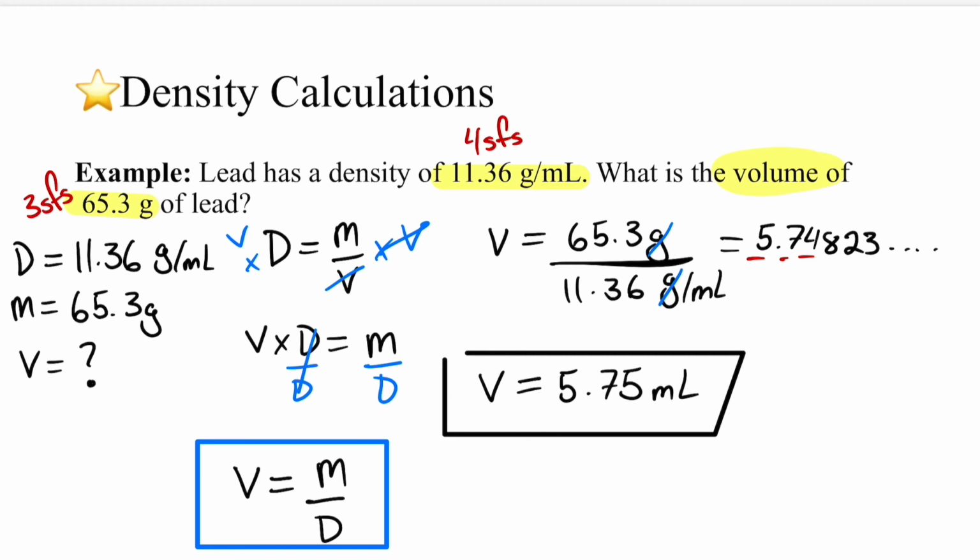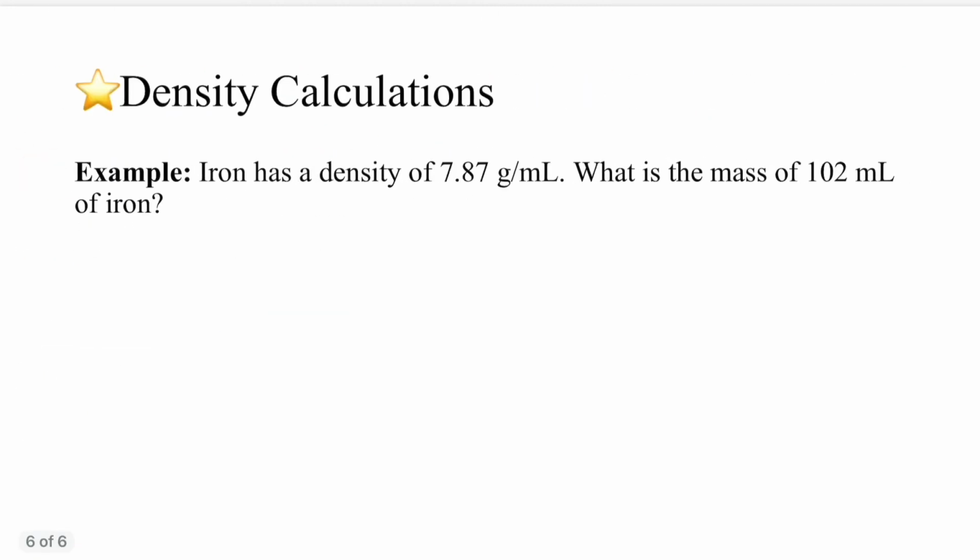Let's look at one more example. In this question, it tells us iron has a density of 7.87 grams per milliliter. What is the mass of 102 milliliters of iron? So they are giving us density again, 7.87 grams per milliliter.